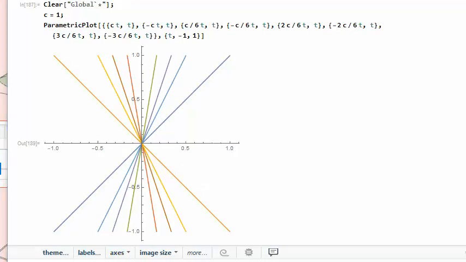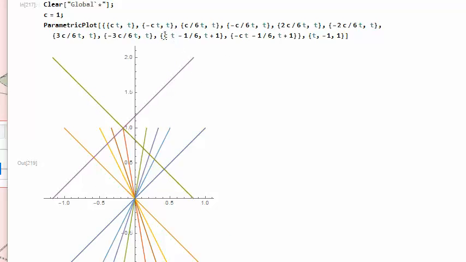And now the really tricky part, because I want to have the light cone coming down from here with slope c in both directions that way. Okay, this seems to have sort of done it.